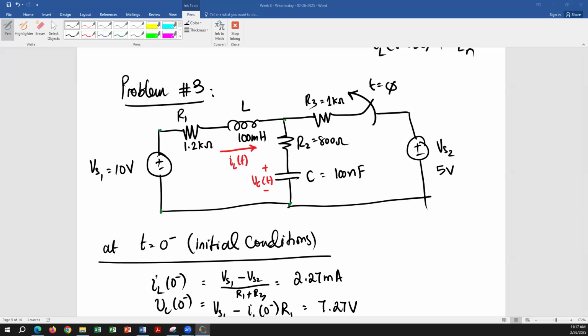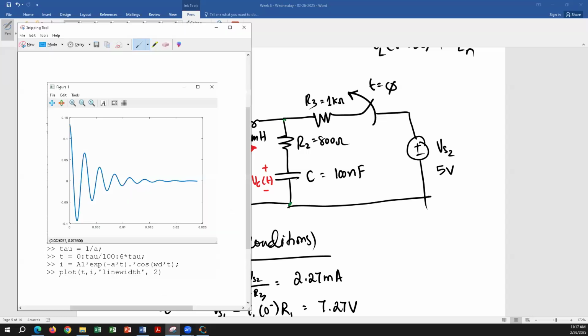I have R1, R2 as my equivalent resistance, R1 plus R2 in series, L comma C. Okay, anyone, what is the damping type?